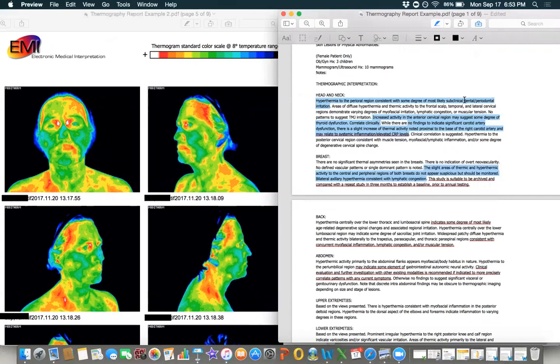You can see on the report here that the radiologist noted that this hyperthermia is most likely consistent with some degree of what might be subclinical dental periodontal irritation. Many patients are asymptomatic. They don't have any pain in their mouth or know of any infection. But this is one thing that we like about thermography: it can give us hints as to what's going on in the body. So we recommend when we see this, our tooth and gum oil.